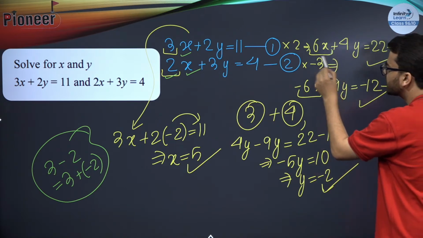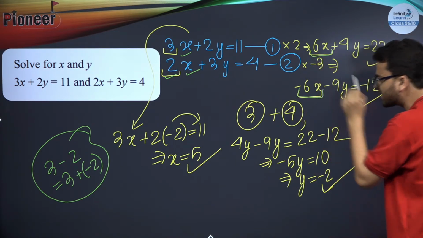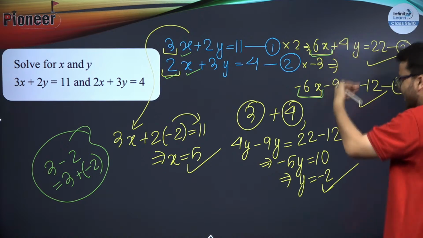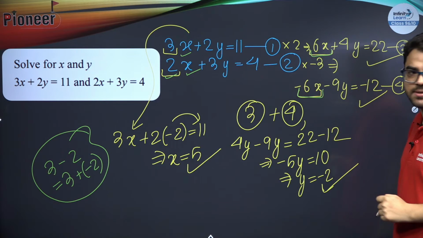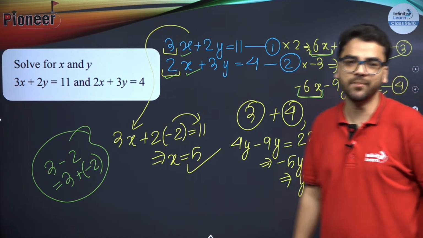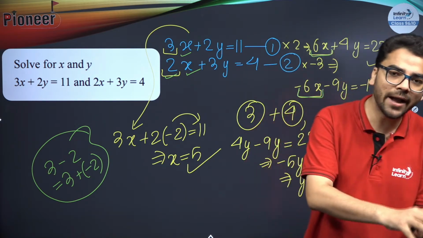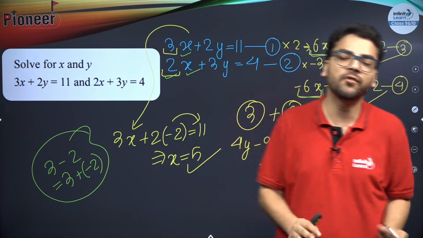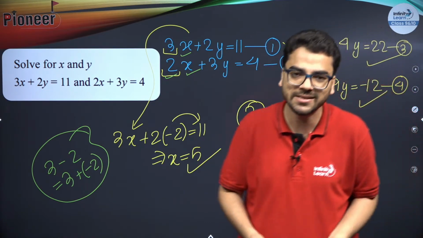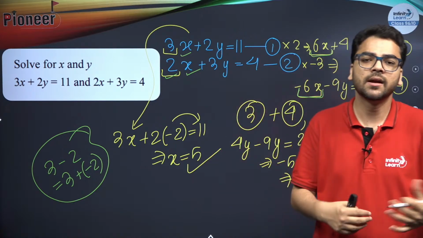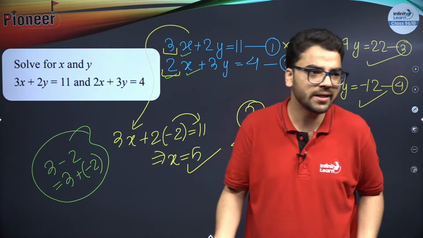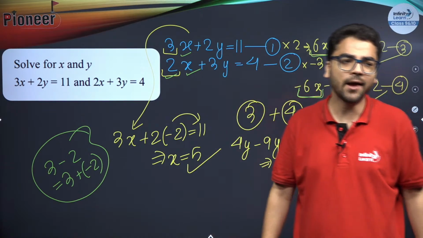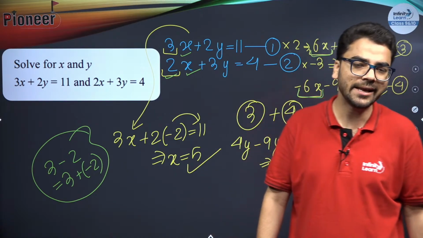Because the coefficient of x is 6 over here and over here it is minus 6. Because then we will add the equations. If you add the equations, 6x minus 6x will get cancelled out. You got that logic or not? Tell me. So whether you add or subtract, both of them will be correct only, but what happens is addition makes the question mentally easier. I mean, that I feel. Maybe you don't feel that, it can happen like that as well. I hope this is clear now, Raj. Any doubt in this thing?